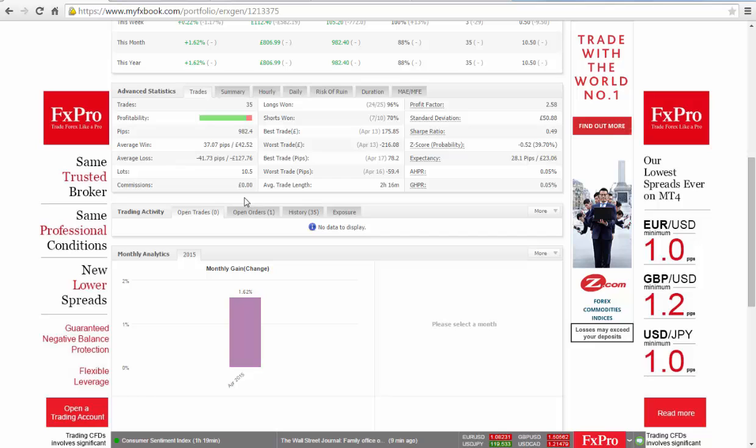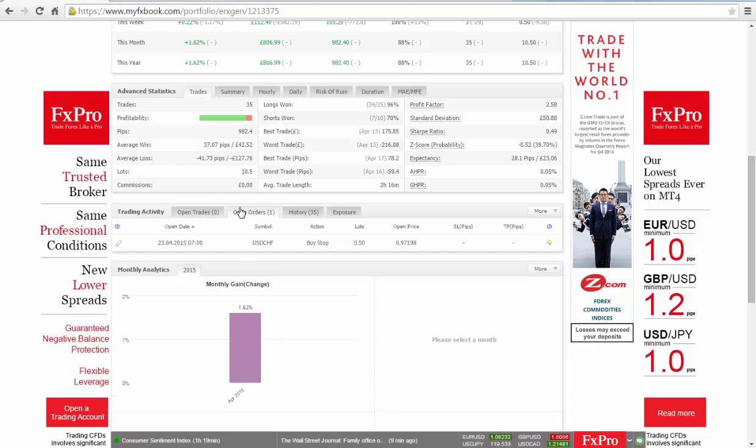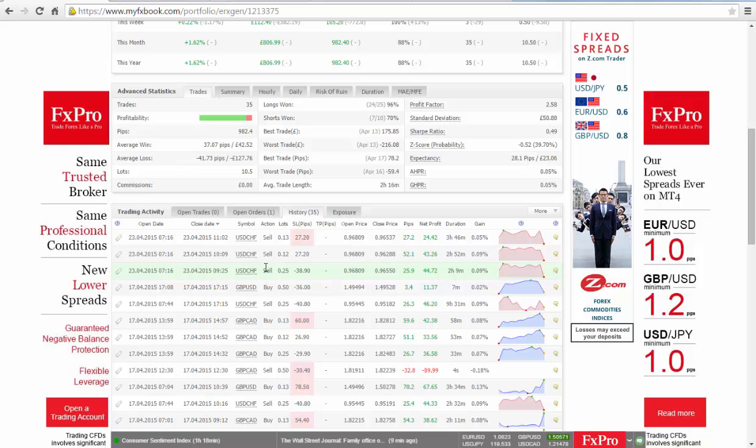No trades open. I still have at this time 7:40 p.m. GMT the USD CHF buy stop is still open. It will close automatically. And so, just as explained previously, enter the trade with 0.5 lots. After 25 pips, closed half, which is 0.25 lots.